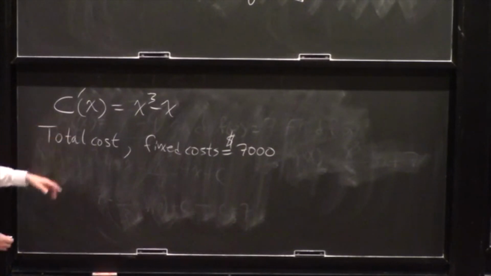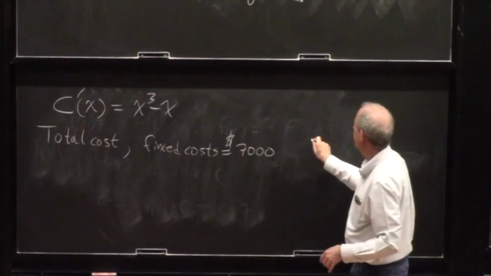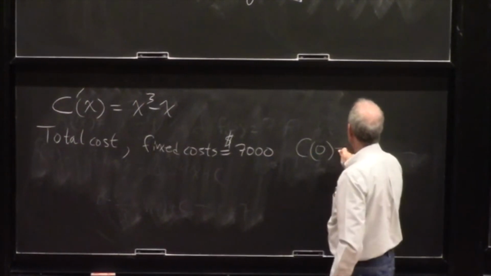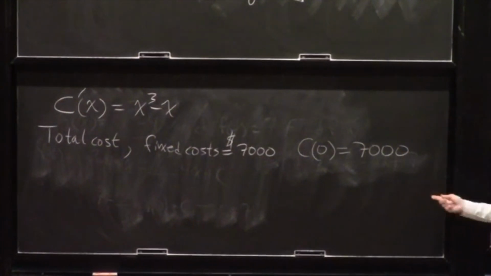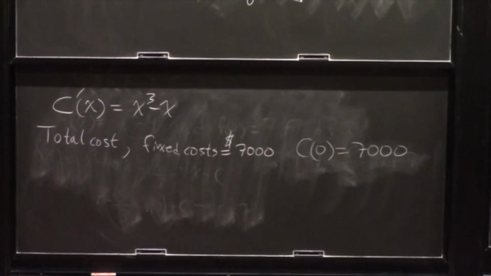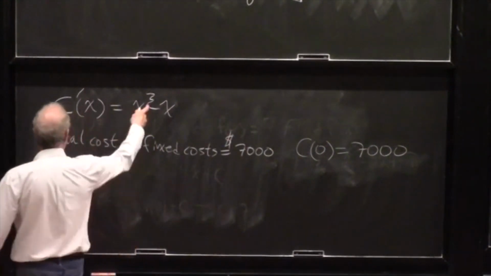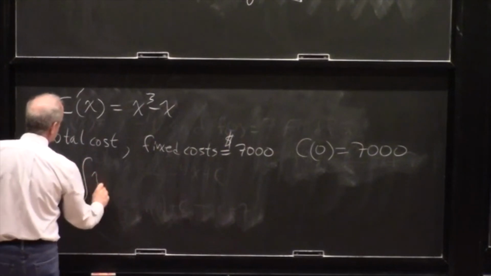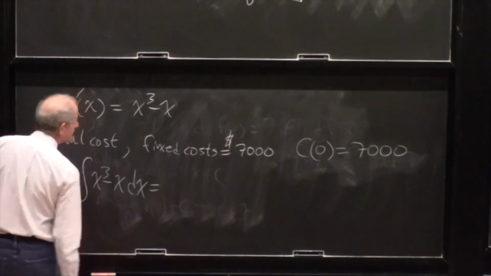So all you would do is, this tells you the fixed cost is $7,000. That's a way of saying that the cost of making no water bottles is $7,000. The startup cost is $7,000. So now we would integrate this. We get the integral of x cubed minus x dx.